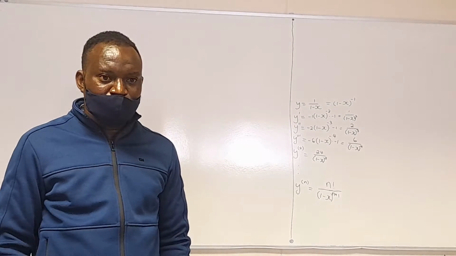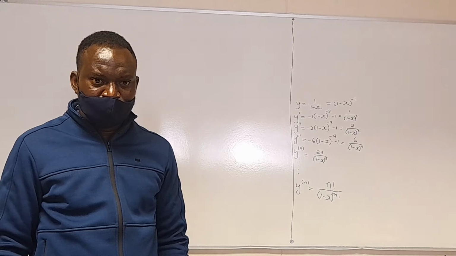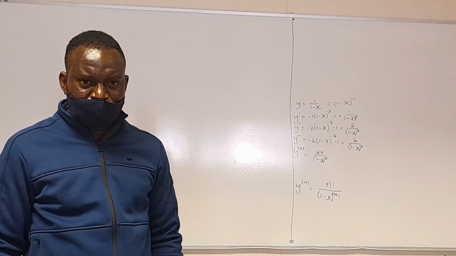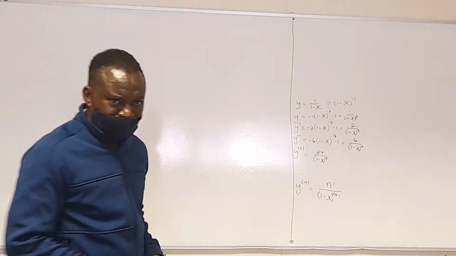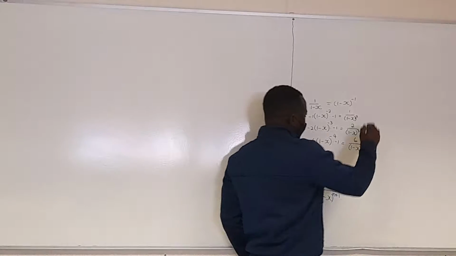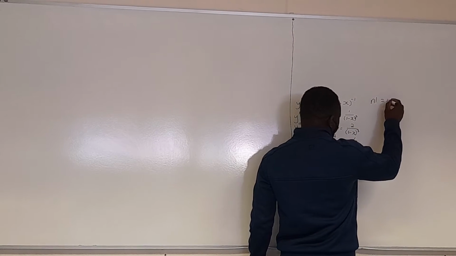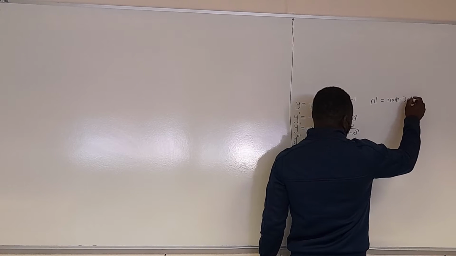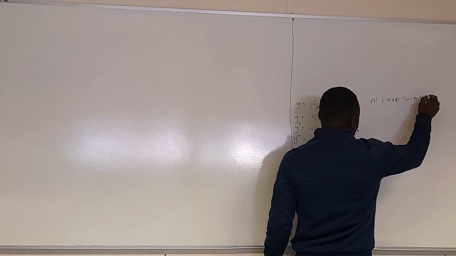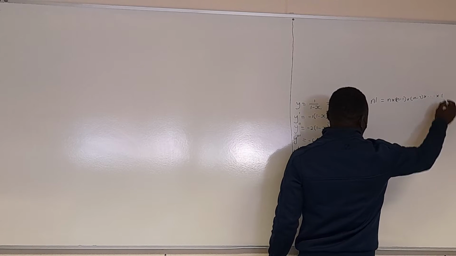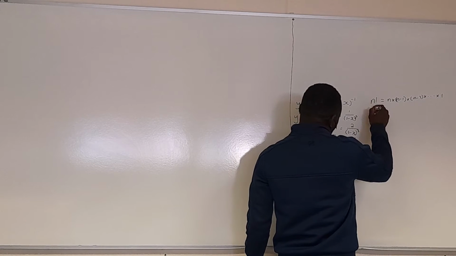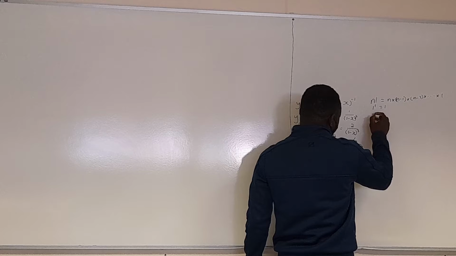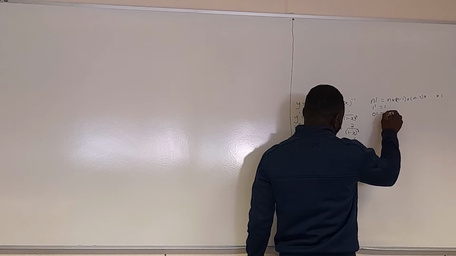So can you first define factorial? The definition of factorial is very simple. N factorial is the same as n times n minus 1, n minus 2, and you keep on multiplying until times 1. Then we know 1 factorial is 1. 0 factorial is also 1.